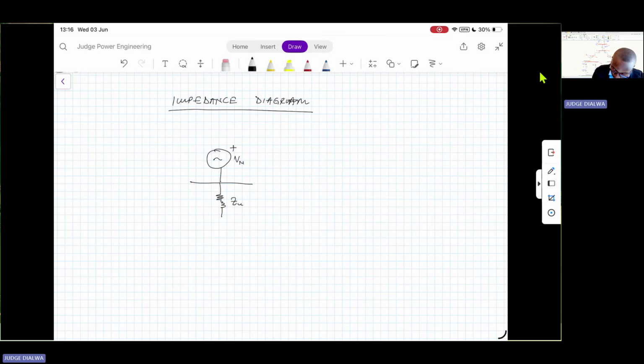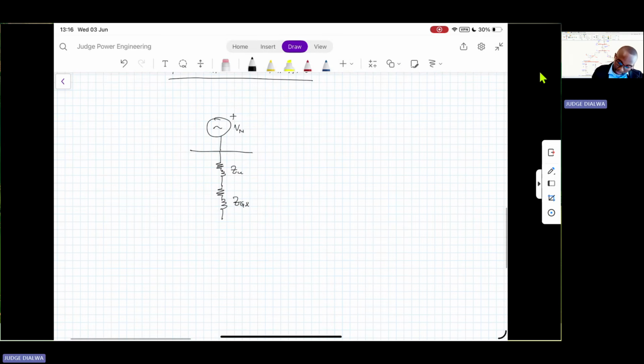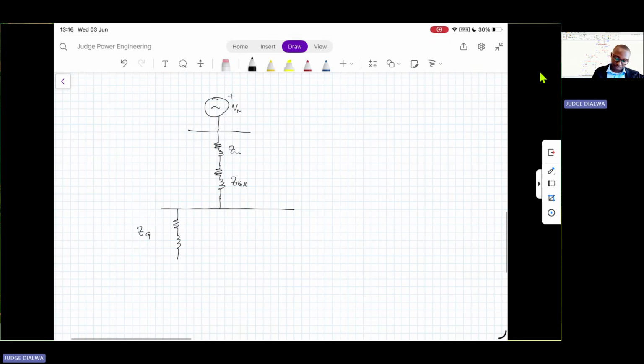That will be the impedance of our utility that's in series with the generator transformer, right? That will be the generator transformer. And these are in parallel with our unit generator. So this will be our unit generator.